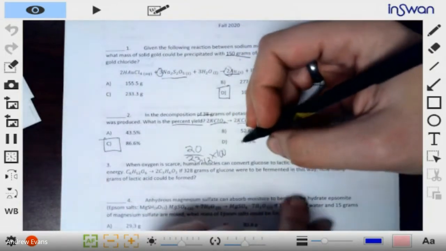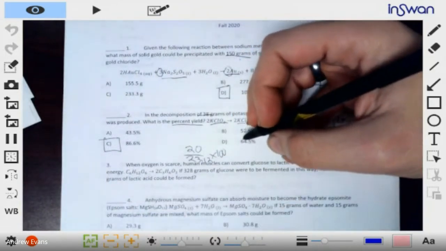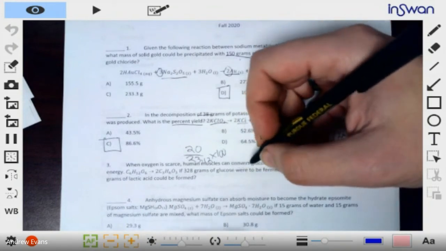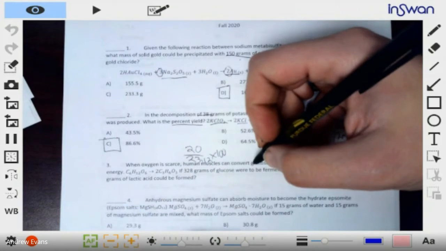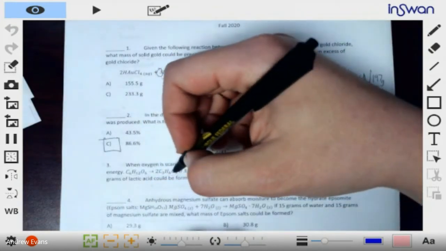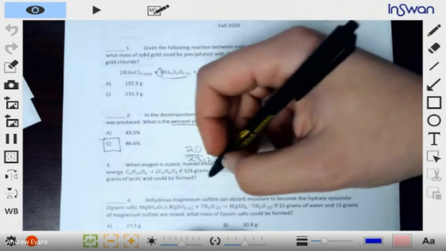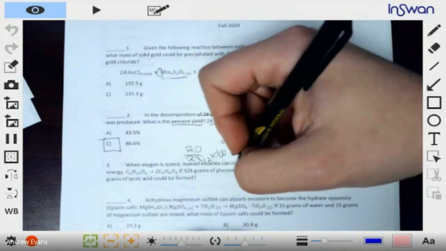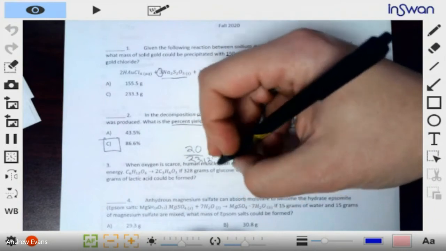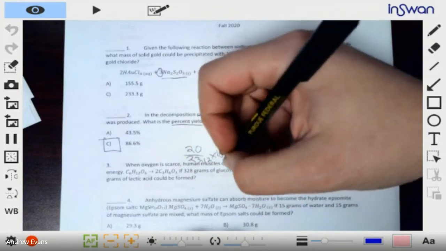And question 3. When oxygen is scarce, human muscles can convert glucose to lactic acid for a quick burst of energy. Following the reaction, 1 glucose molecule breaks apart into 2 lactic acids. If 328 grams of glucose were to be fermented in this way, how many grams of lactic acid could be formed? This is a bit of a trick question.